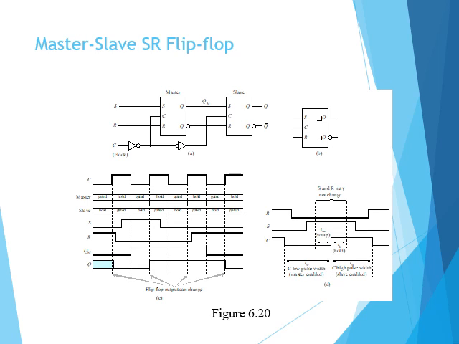Then the master slave circuit. Here the first one acts as the master and the second one acts as the slave. The register consists of cascading a negative latch, the master, with a positive latch, the slave. Then the truth table and timing diagrams are shown here.